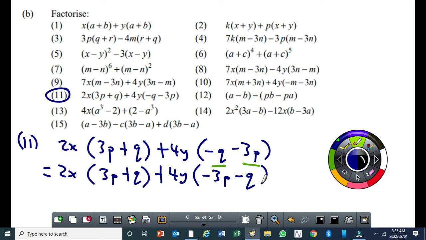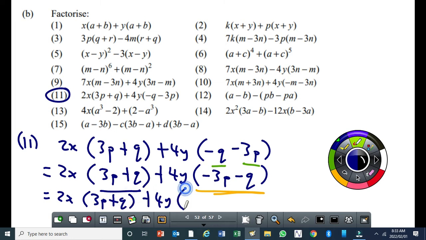Then I'm going to factor out minus 1 inside that bracket, to make the 3p positive and the q positive, because here we have a positive 3p and a positive q. So we end up getting 2x times (3p plus q) plus 4y, and we open the square bracket, you get minus (3p plus q).